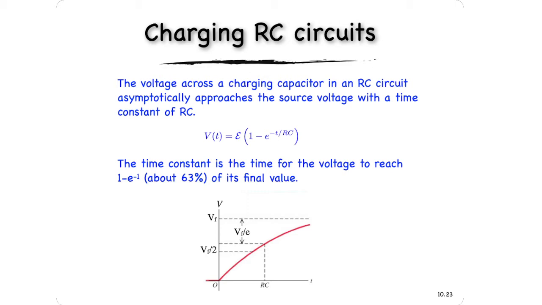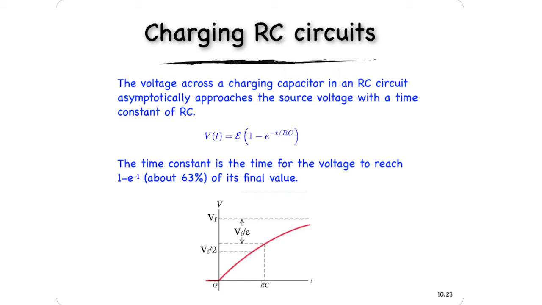And the nice thing about 63% is 1 minus 1 over e is about 63%. So if we ask how long does it take to reach 63%, we can just say this term in parentheses has to equal 1 minus 1 over e, which means the argument of this exponent has to equal -1 at that time, and therefore t has to equal RC at the time when it gets to 63% of its final value.